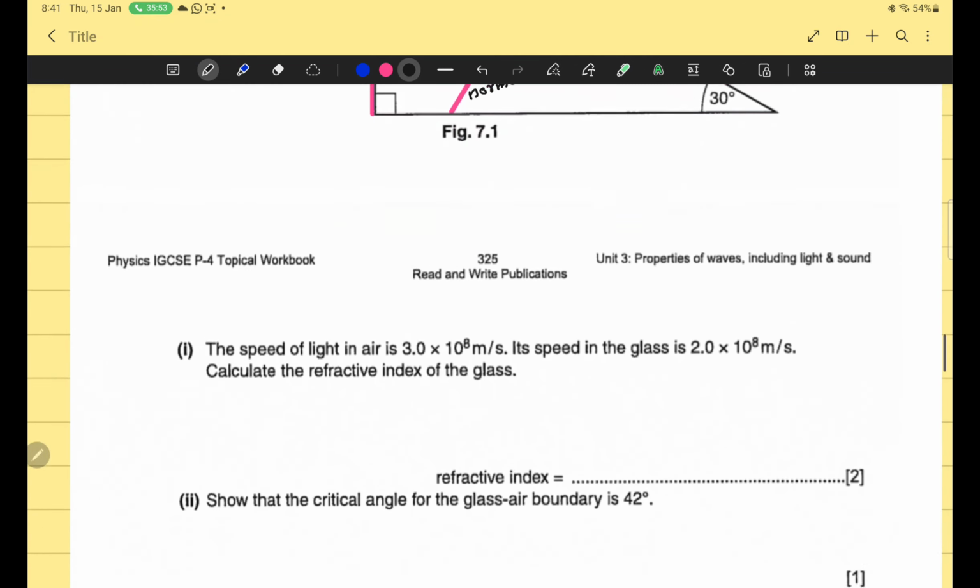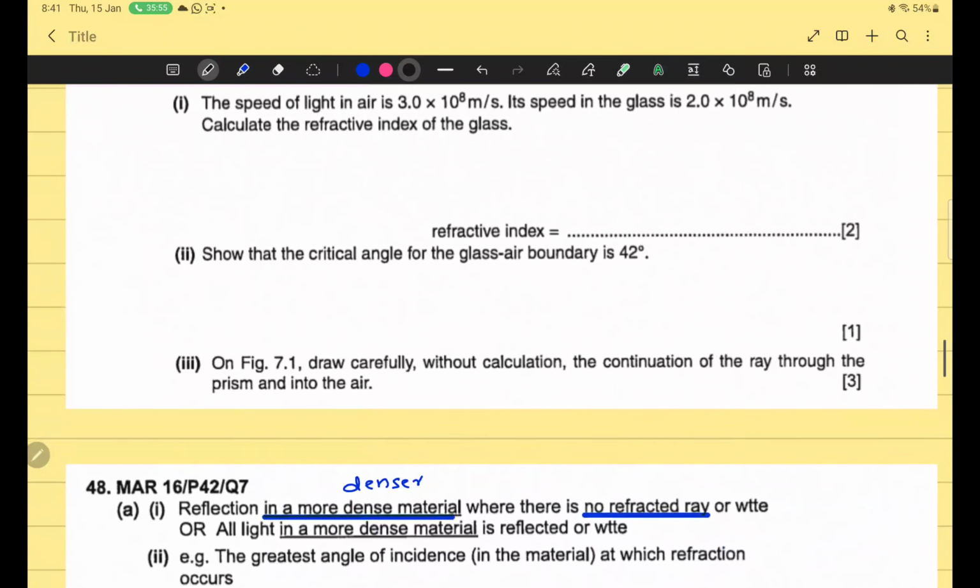In this question, they are asking to draw without calculation. We have done the calculation. Draw carefully the continuation of the ray through the prism and into the air.